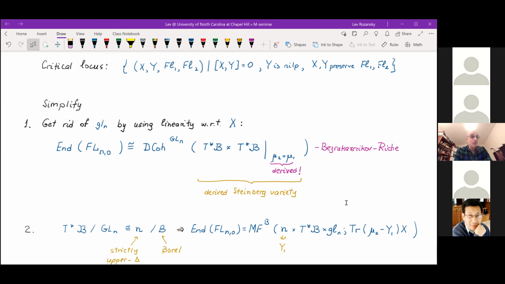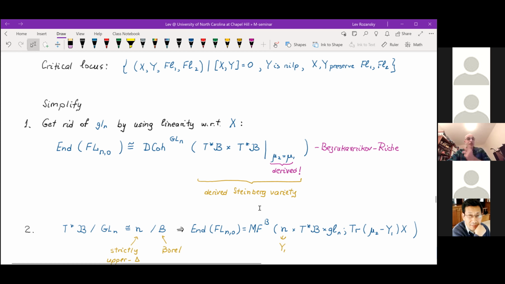Yes, so mu2 and mu1 are both nilpotent. So now you have one nilpotent matrix and two flags which preserve it. Okay. That's the Steinberg variety, but that's a Springer fiber of this nilpotent matrix.